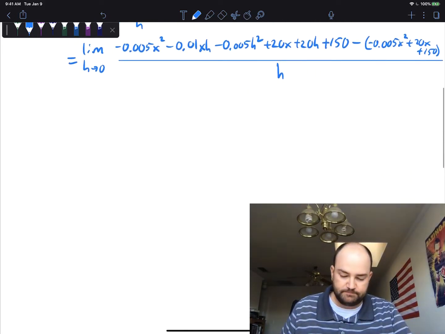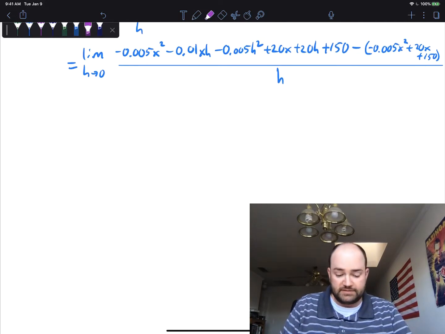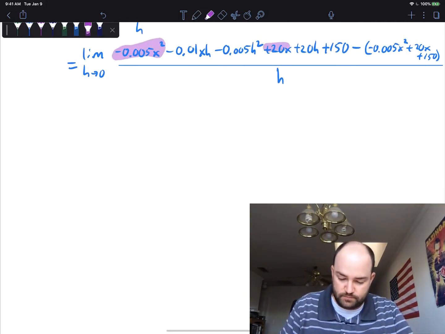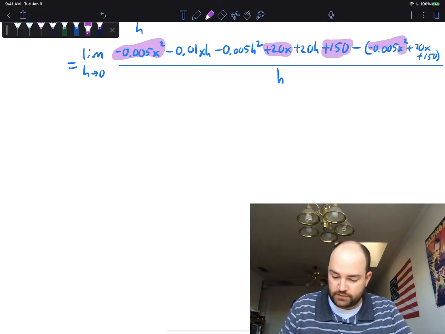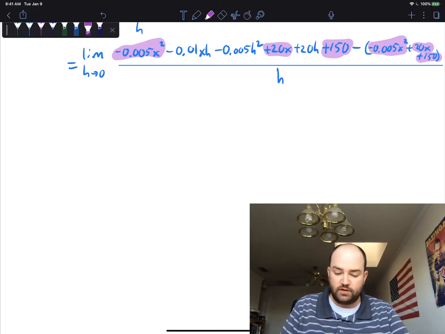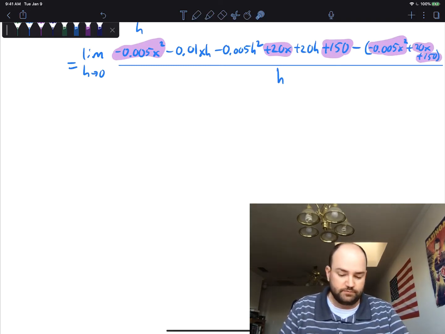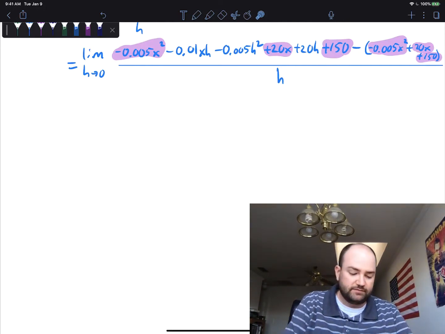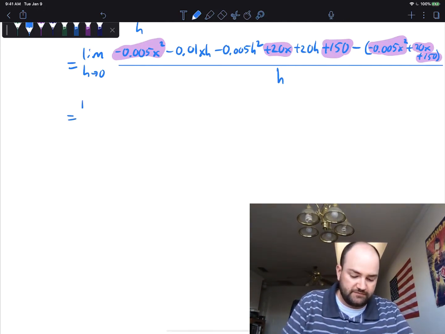Awesome. Now, the great thing is, first of all, anything that does not have an h will have a counterpart over here, and all of those are going to cancel because we are subtracting one from the other. Now, what's left over, everything is going to have an h left over in the numerator, so I can factor that out.